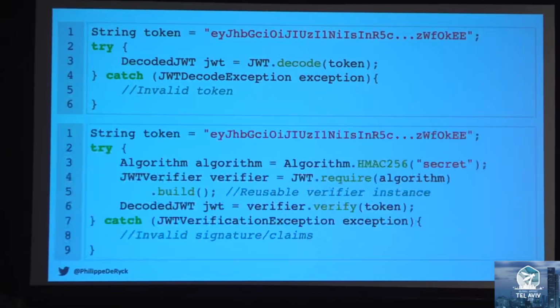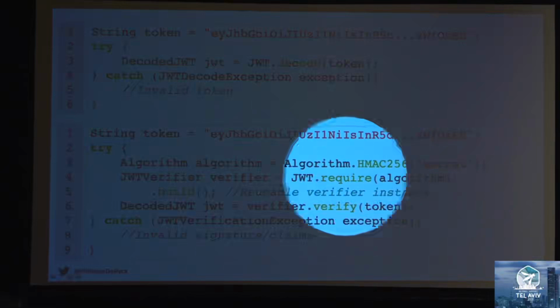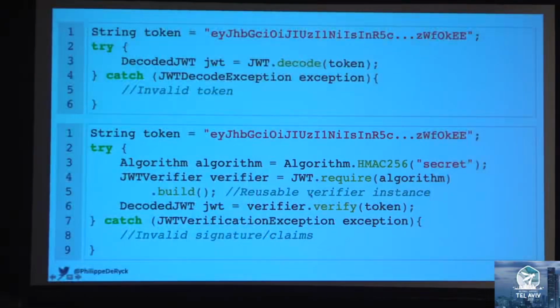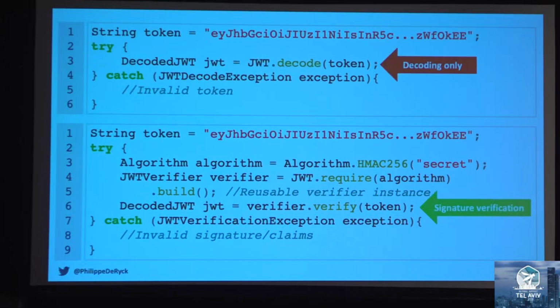What you should be doing instead is using the a bit more advanced parts of the API. You actually have an algorithm, you build a verifier, and then you actually verify the signature. But this is a very easy pitfall, because if a developer doesn't really know what the signature is supposed to do and doesn't really know the difference between decode and verify the signature, chances are that you make a mistake in your application.